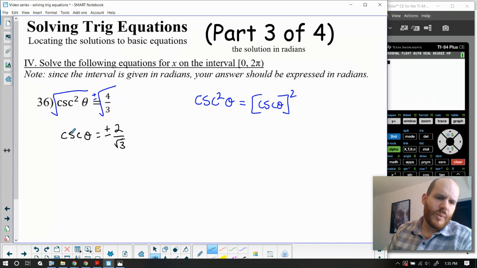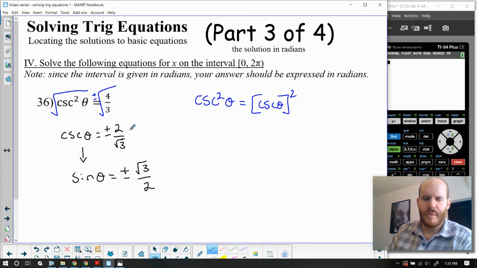Just like before, when dealing with any of the reciprocal functions, cosecant, secant, or cotangent, I like to reinterpret these in terms of their reciprocal functions. For cosecant, that will be sine. So sine theta will be plus or minus root 3 over 2, the reciprocal of this ratio.